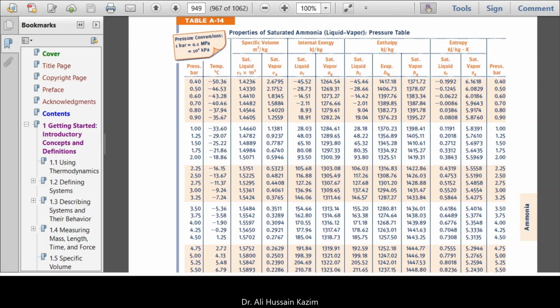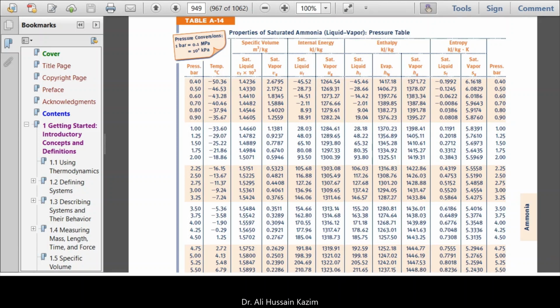The value of R is R bar over molar mass, where R bar is 8314 and the molar mass of water is 18.02.